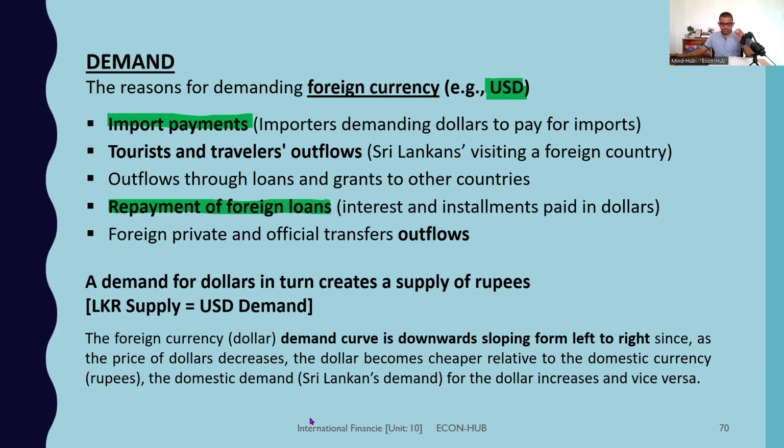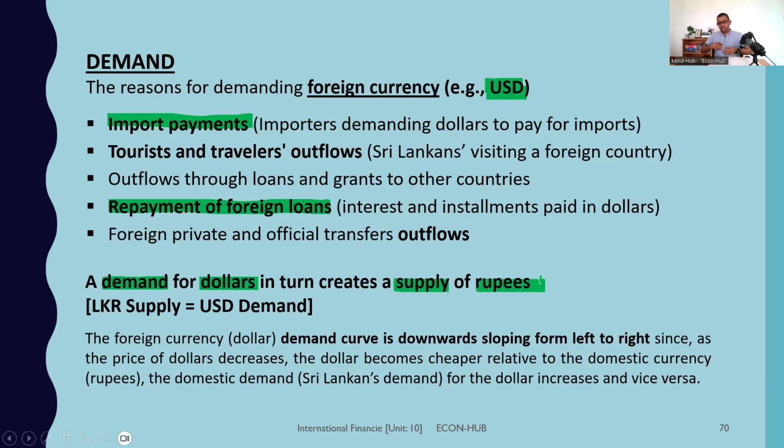Okay, as I was saying, we have to have a basic idea of the demand and supply curves, and you need to know the simple link between these curves. That is, look at this: the dollar demand curve is in turn the supply curve of rupees.